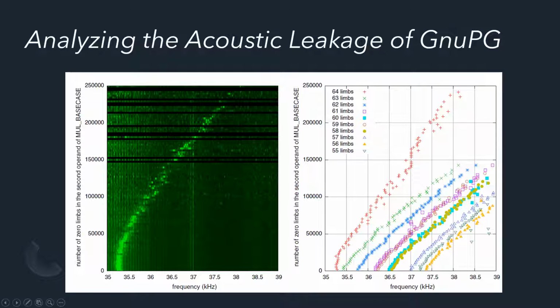On the right, you can see the number of zero limbs in the second operand base case, but here they have included multiple different limb sizes. Each line here represents a different limb size. We have 50 limbs to 64 limbs mentioned here in their paper.